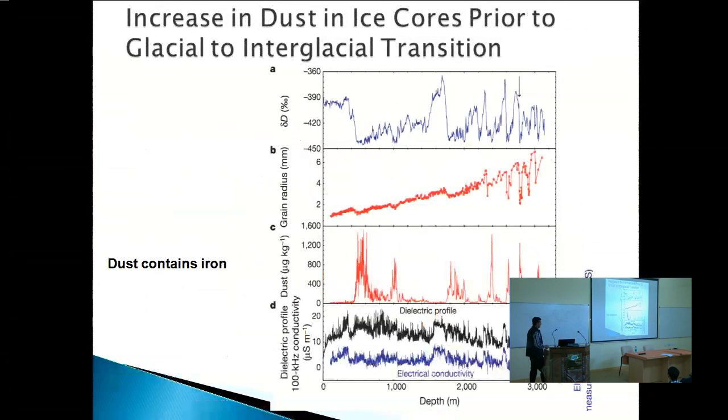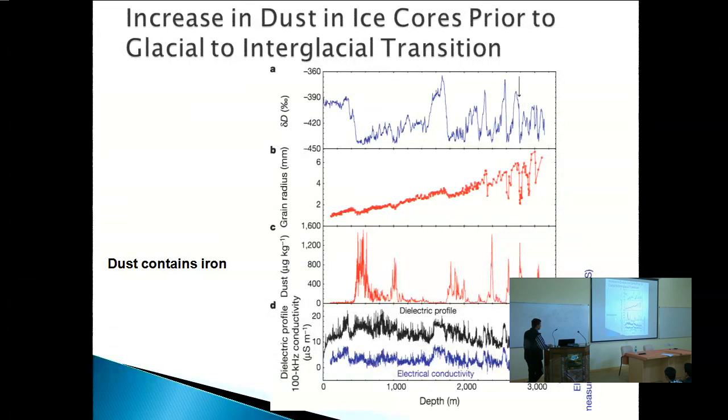People have used not only isotopes, they have also measured other elements' concentrations. Another isotope, as I mentioned, is deuterium, but they have also measured grain size, for example grain radius, and tried to see whether there is a relationship with what has been observed in the isotopic record.